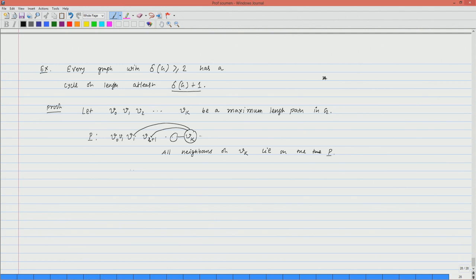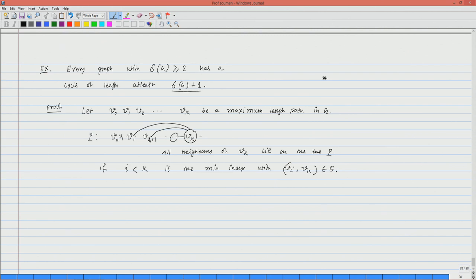So, if i is less than k and i is the minimum index with ViVk belongs to E, that means Vi is the minimum index vertex in this arrangement which is a neighbor of Vk.